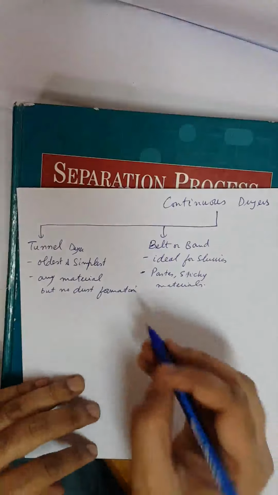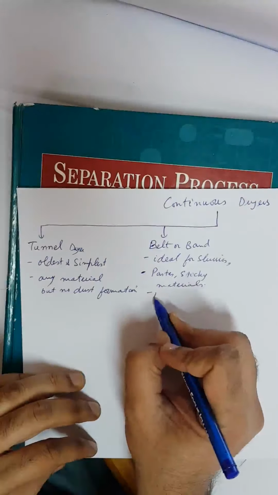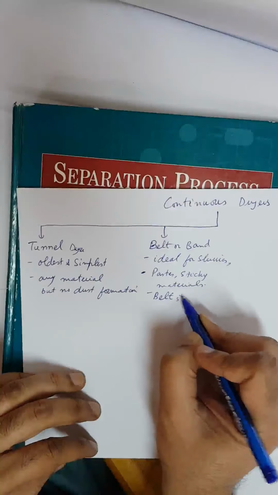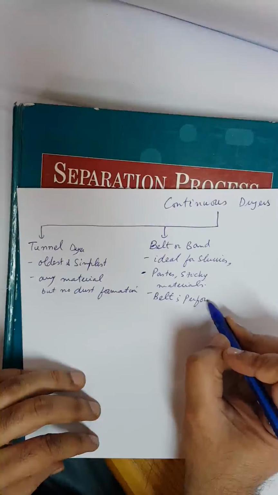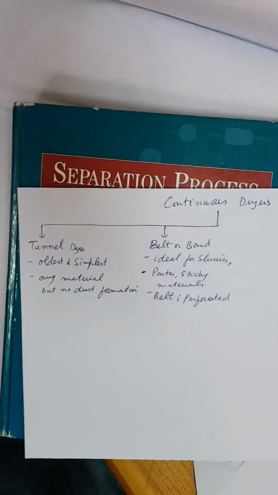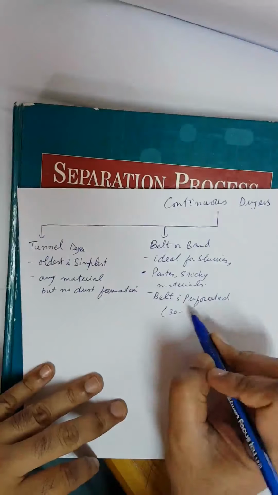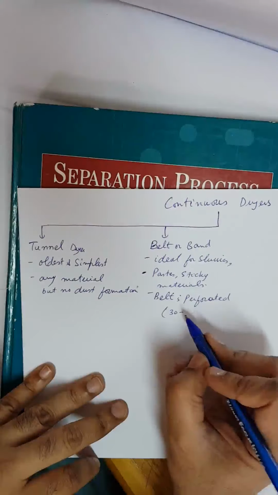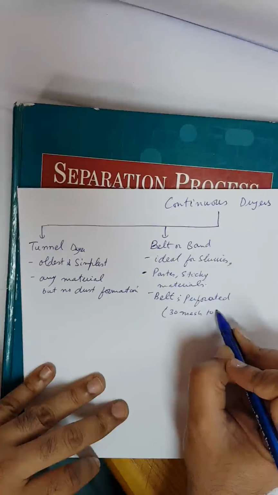So the belt is perforated to get more heat. The size of the perforation may range from 30 mesh to 2 inches.